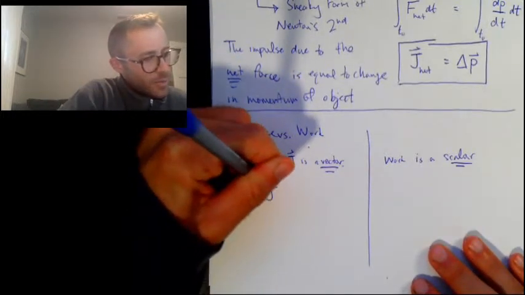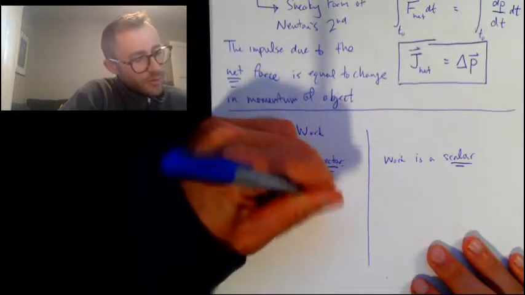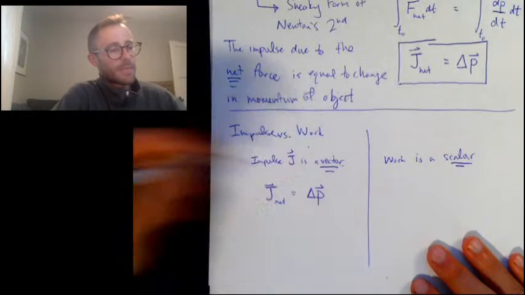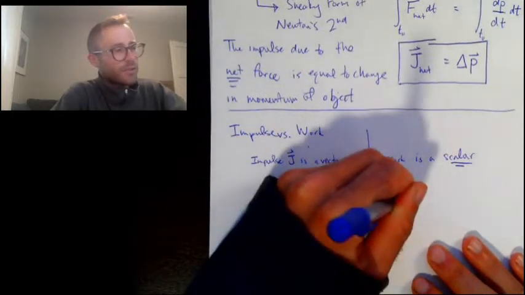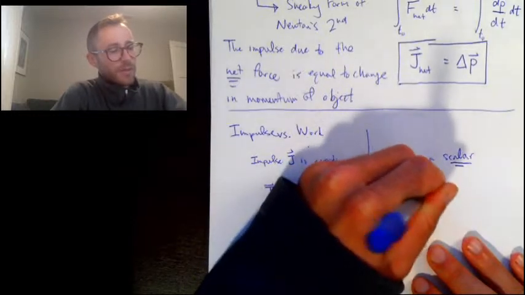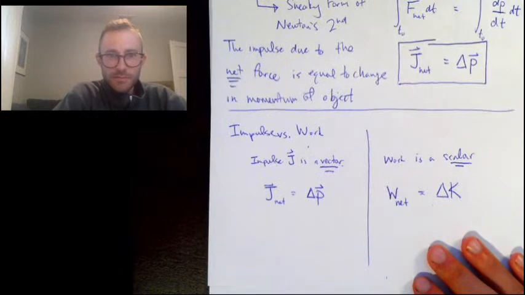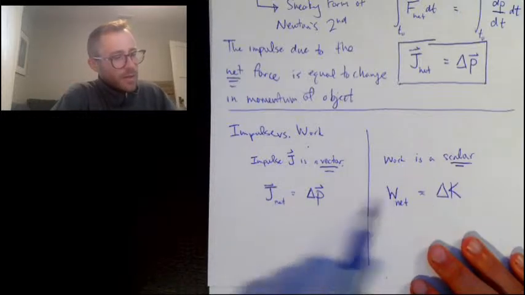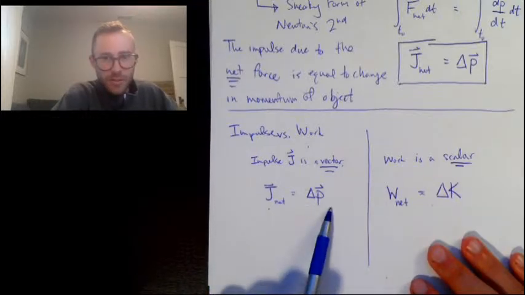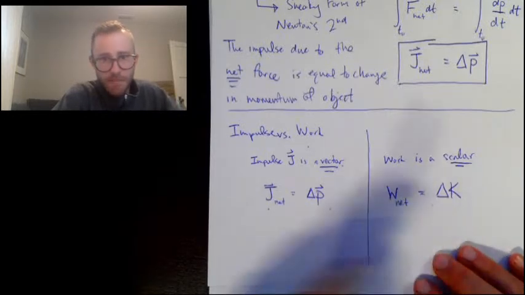The net impulse is equal to the change in momentum. The work-kinetic energy theorem says that the net work is equal to the change in kinetic energy. So we can see that impulse is to momentum kind of what work is to energy.